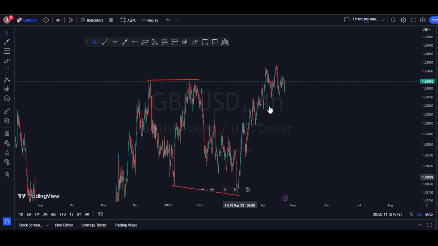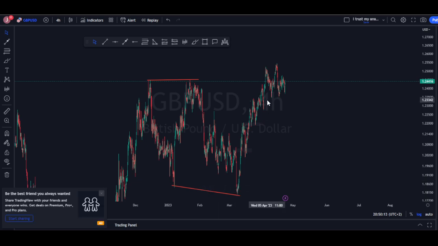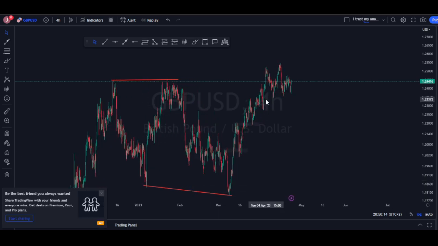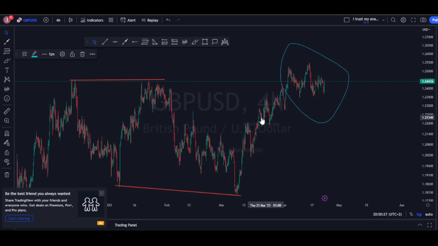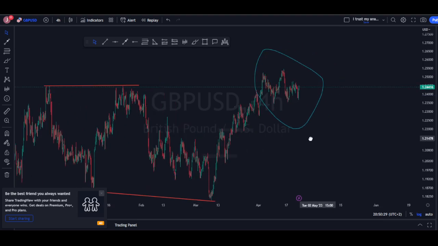As you can see, price went up impulsively, and it looks like a bit of a correction right here, so let me zoom in and see if I can identify a pattern of some sort, then we'll take it from there.